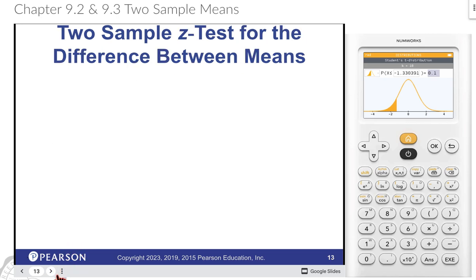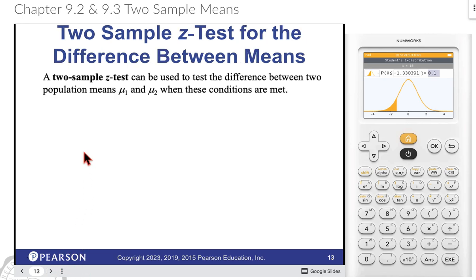So let's go ahead and see what we need for a two-sample z-test. We are going to calculate the difference between the means. The conditions we need are, we need to know the population standard deviations, and we'll emphasize these are coming from the population.